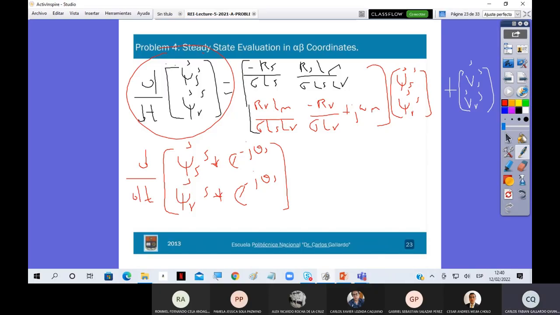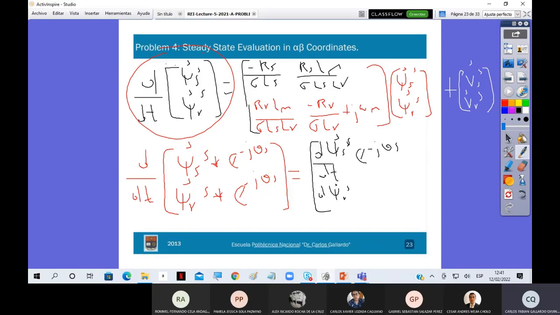Okay, so taking the derivative, applying the product rule for derivatives, I will have: I will take the derivative of the stator flux space vector times the rotor flux space vector, this is the rotor flux space vector, this is the stator flux space vector.